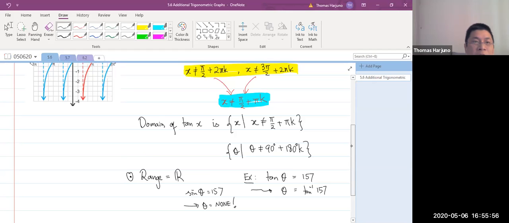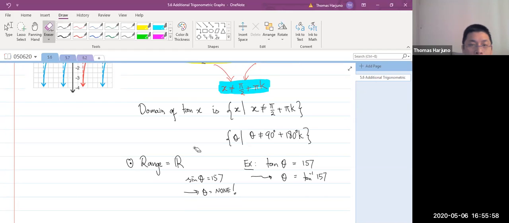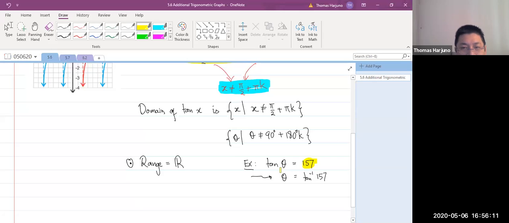Unless we start talking about complex angles, but no, we are dealing with a real angle. You can pick any number here and I can always give you an angle. In fact, I can always give you infinitely many angles that give you tangent theta equals that number.